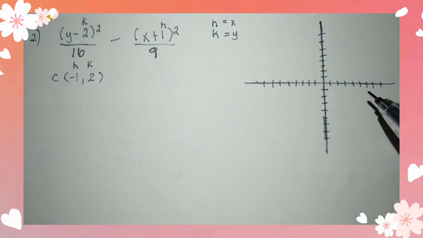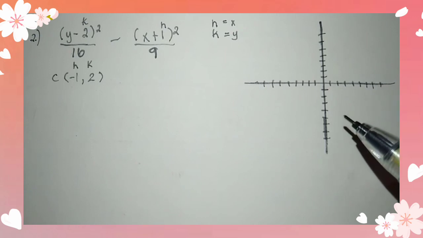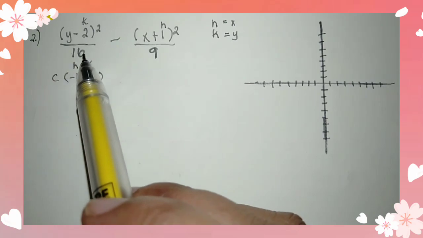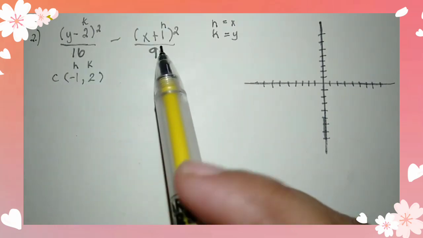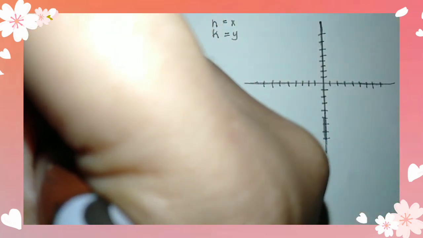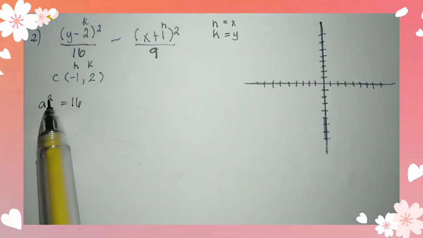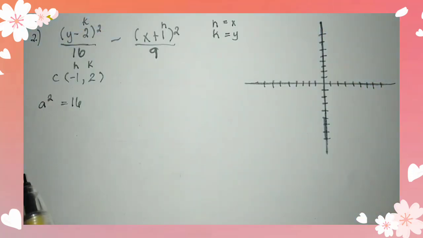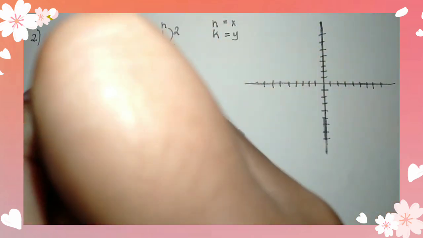Okay? So the next step is to get a, b, and c. How are we going to get a? Since ang ating a squared is ito, and b squared is ito. So, kunin natin yung ating a squared. We have 16 as our a squared. And ang hinahanap lang naman natin is a. So, what we are going to do is tatanggalin natin si squared. How? We are going to extract square root.